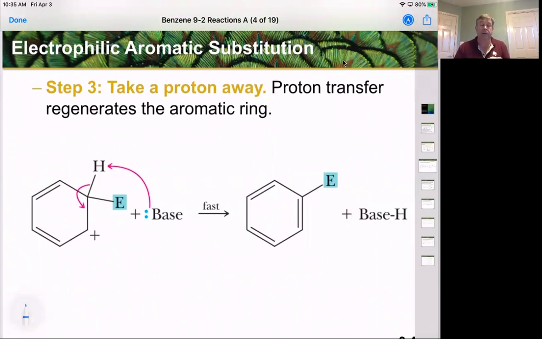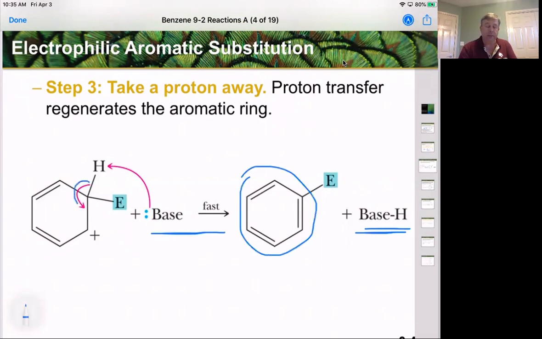In our case, it's a Bronsted-Lowry base, where we're trying to have it accept a proton. This is typically a fast reaction, which means we'll generate our product and re-aromatize our ring, because the electrons on the base come in down here to be a double bond, and the hydrogen leaves as a plus charge.